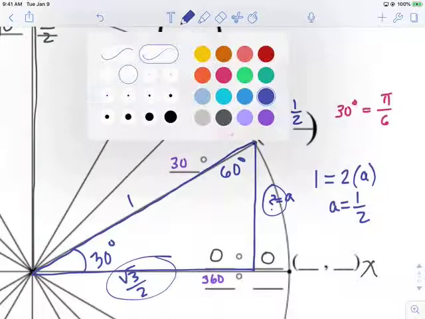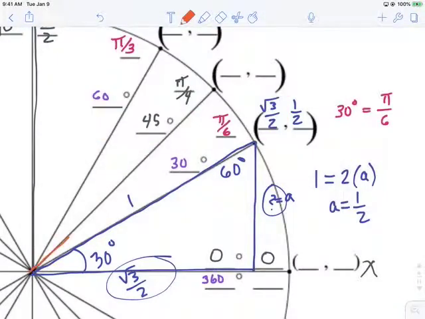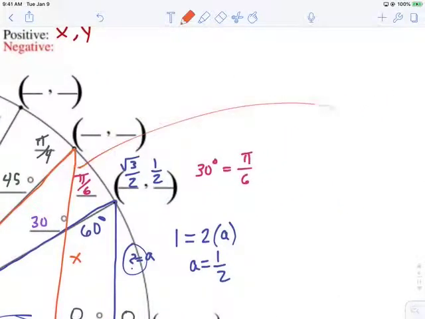If you look in the middle, this is what kind of triangle? 45, 45, 90. What's the value of both of the legs? They're both x. How big is the radius?